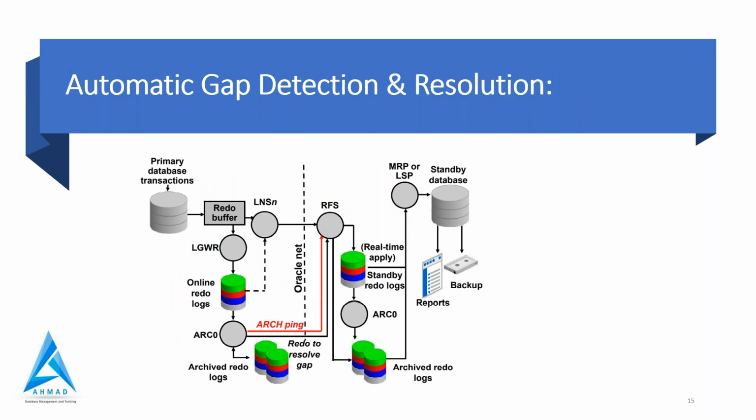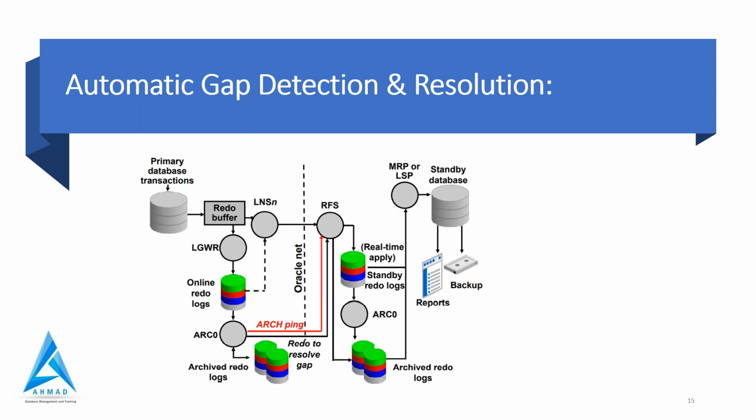Now another concept in Data Guard is automatic gap detection and resolution. Which process does this? ARCn. If connectivity is lost between the primary database and one or more standbys, then redo data generated on the primary cannot be sent to the standby.